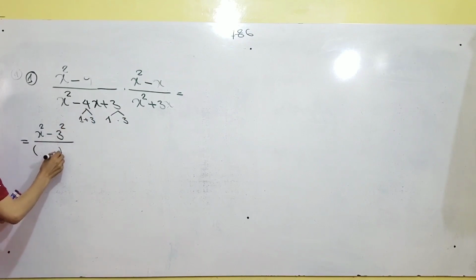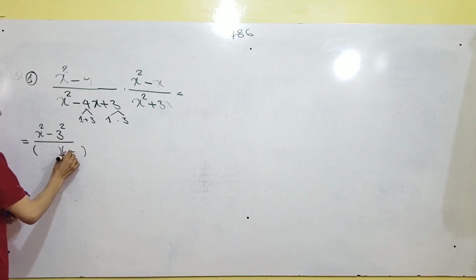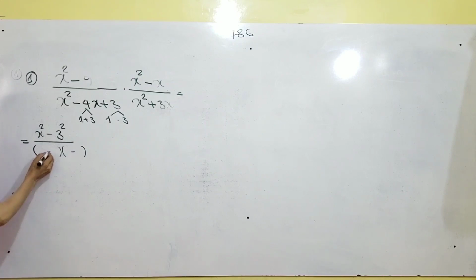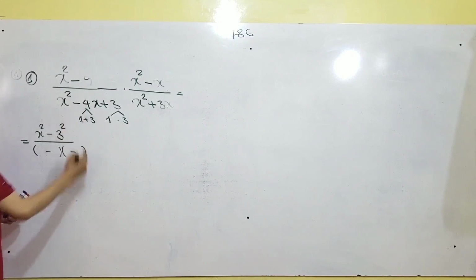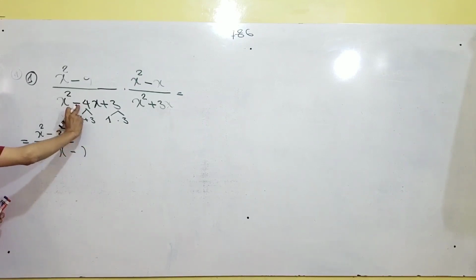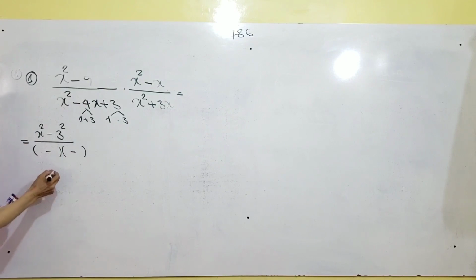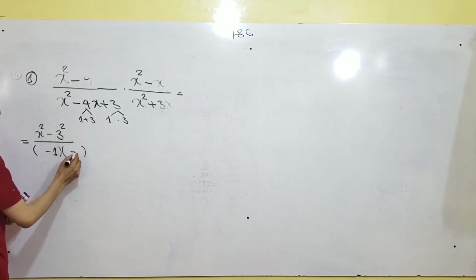So it factorizes with the same signs, the sign taken from the coefficient of x. Here is minus, so we write one in one bracket and the other in the second bracket.